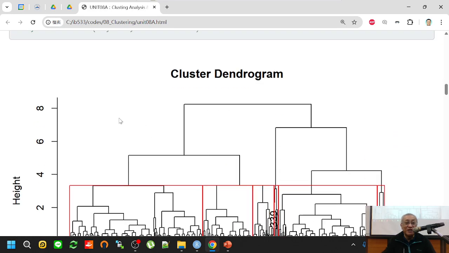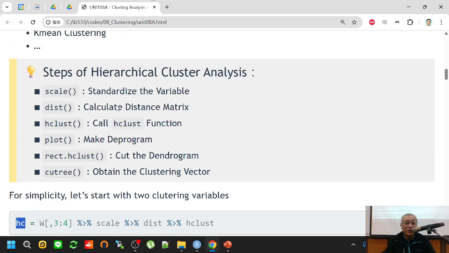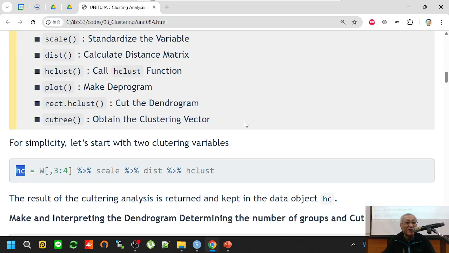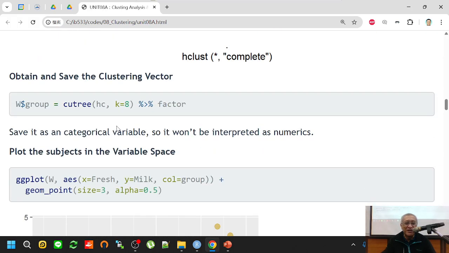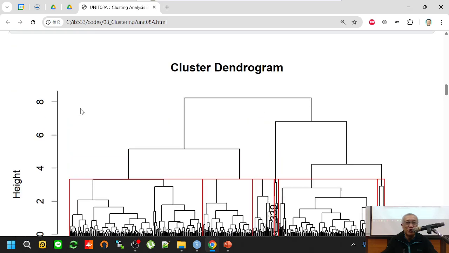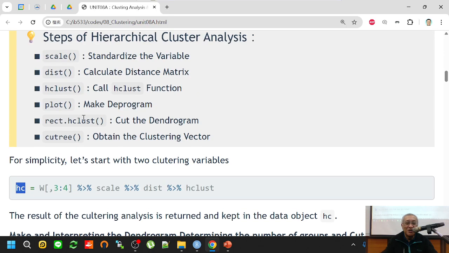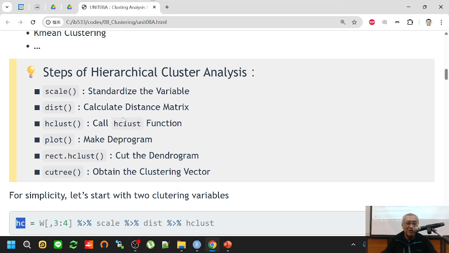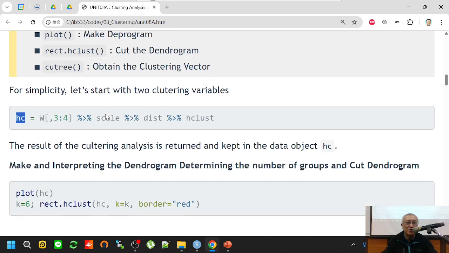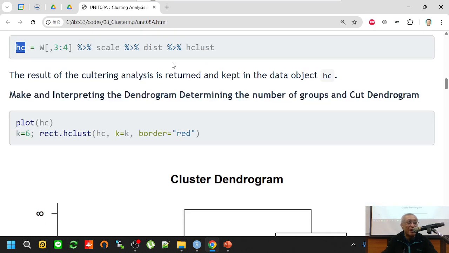So this is how hierarchical clustering is done, right? It sounds like a pretty lengthy, pretty difficult thing to do, but actually in R, as I told you, although there are a lot of steps, you can group all of these steps into a single data pipeline, right?